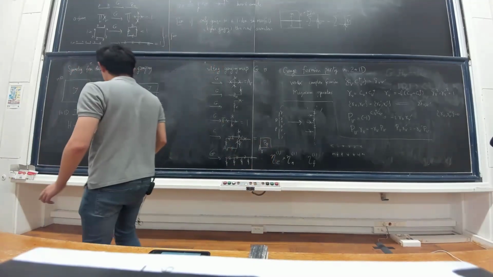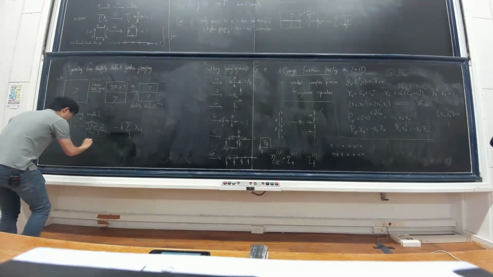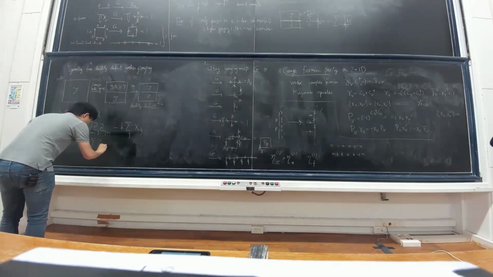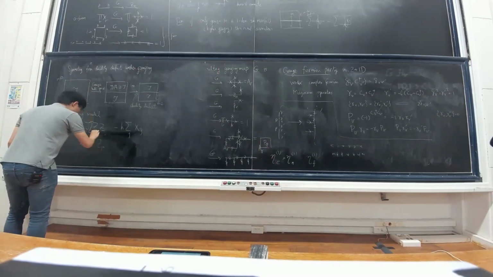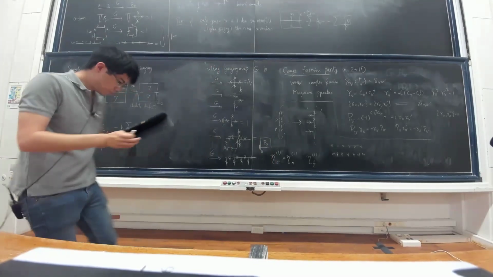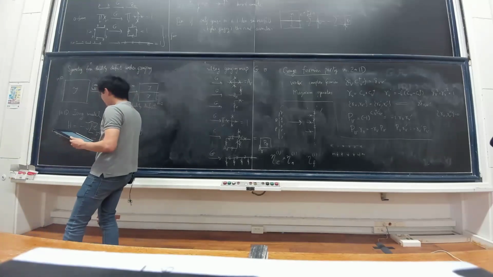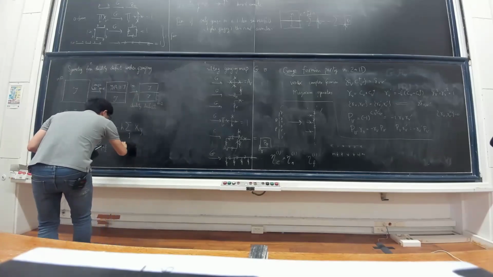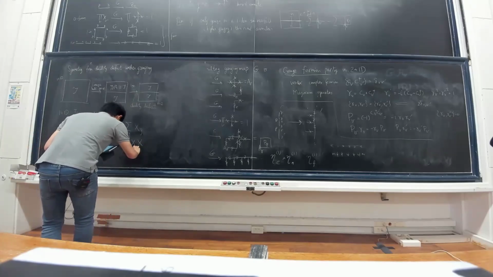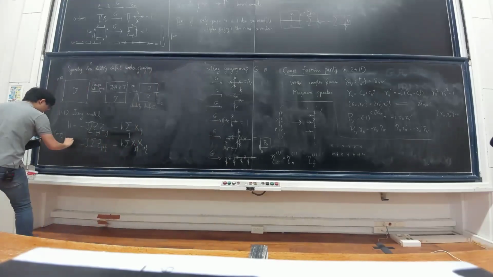So if we perform gauging, this term turns into a single Z living on the edge. Let me denote that with a half site. Edge, gauge.